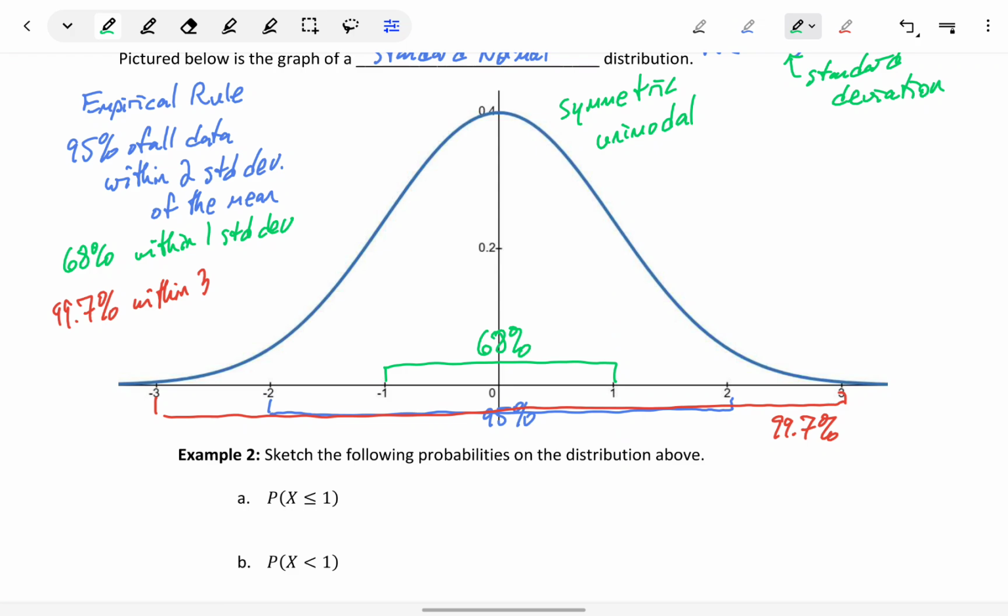In part B, we're asked to find the probability that x is less than 1. That's actually exactly the same probability, because again, whether we have a strict inequality statement like less than 1, or we have a less than or equal to statement, those pictures, those probabilities come out to be exactly the same.